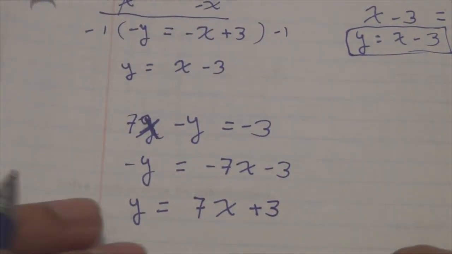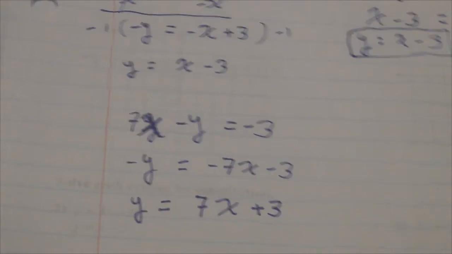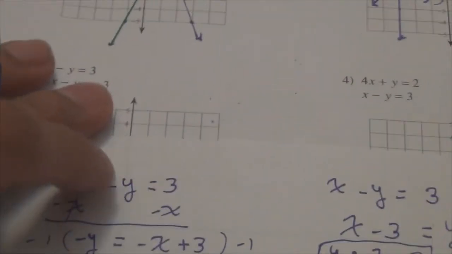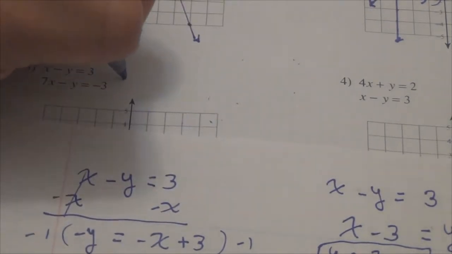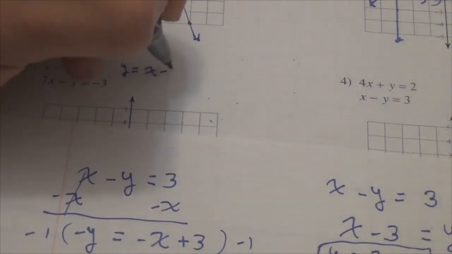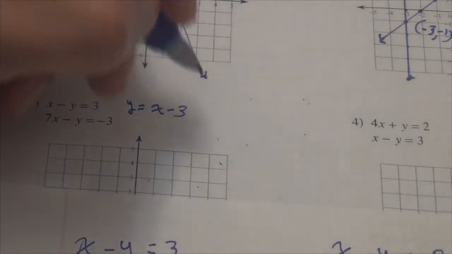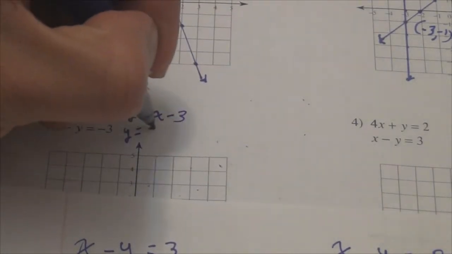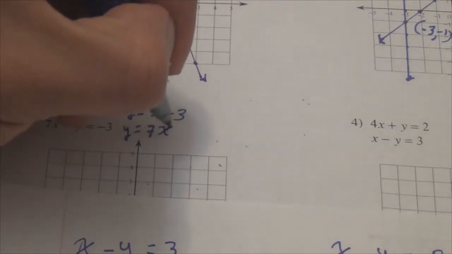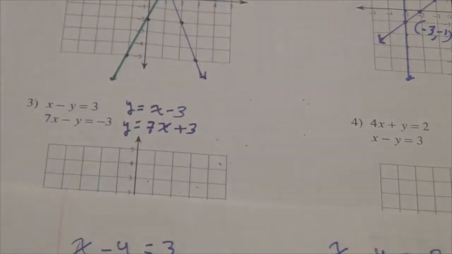See that? And now your two equations. So now I'm going to write the two equations that I have in here. So this one is y equals x minus 3, and the other one is y equals 7x plus 3.